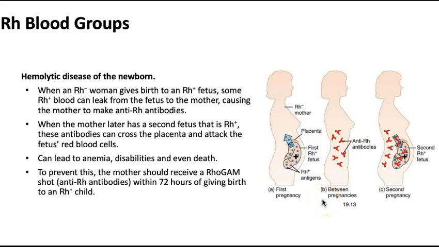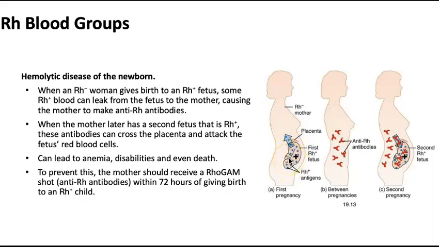And we have to think of this in order to prevent hemolytic disease of the newborn. This is when the woman who is pregnant is Rh negative, but they have created this fetus with someone who is Rh positive, and therefore the fetus is going to be Rh positive as well.